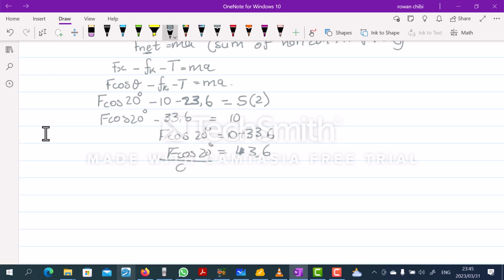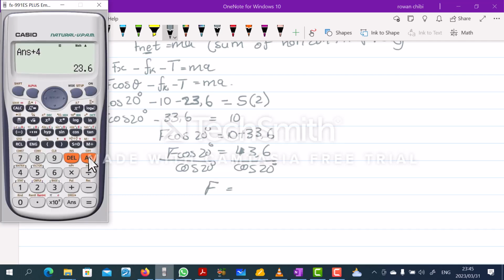Now here we have F cos of 20 degrees. So we divide by cos of 20 degrees. Then we can get the F. So let's check this one. We have 43.6 divided by cos of 20 degrees.